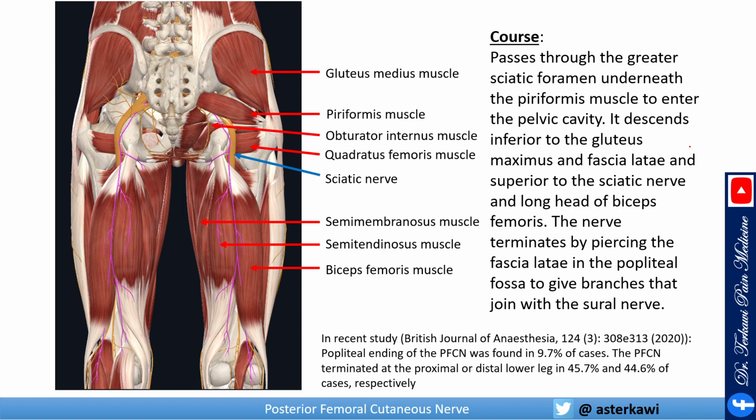However, there is a recent study that was published a couple of years ago. It shows that actually the nerve goes beyond the popliteal fossa. Only in about 10% did it end in the popliteal fossa, while in most patients it terminates in the proximal and distal lower leg.